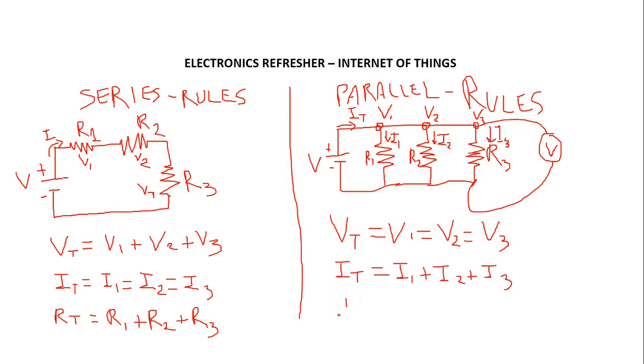And the equivalent resistor, or the total resistor, is going to follow this rule: 1 divided by R1 plus 1 divided by R2 plus 1 divided by R3.